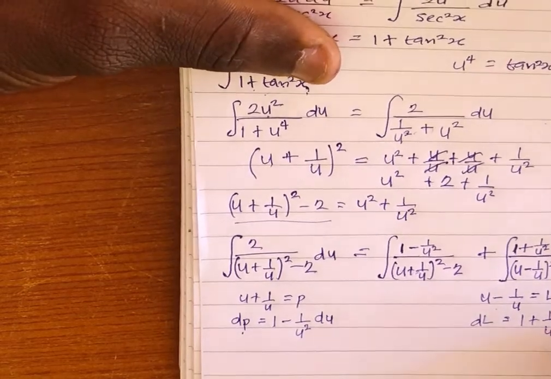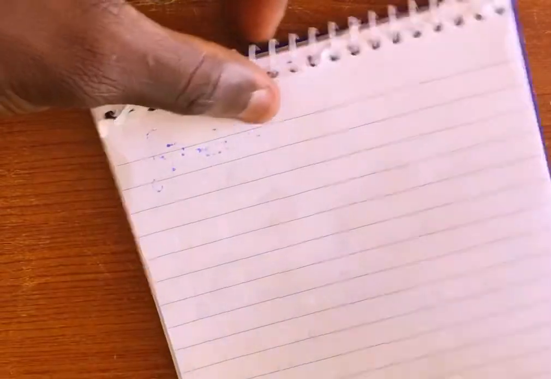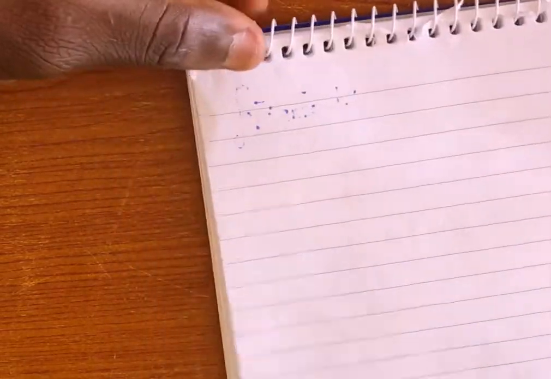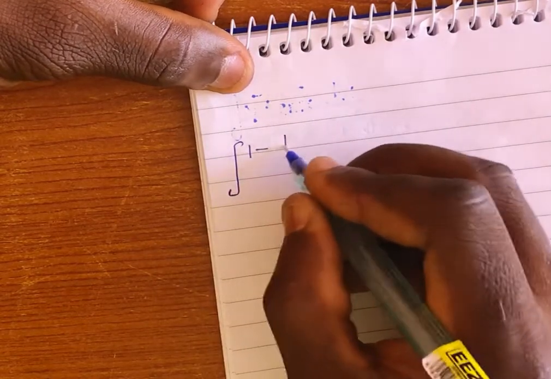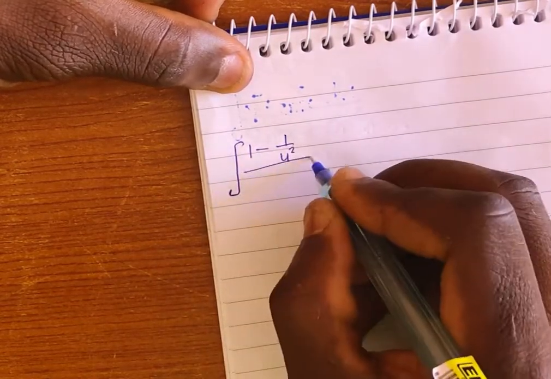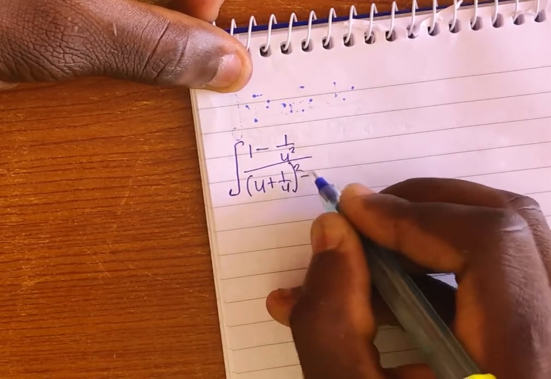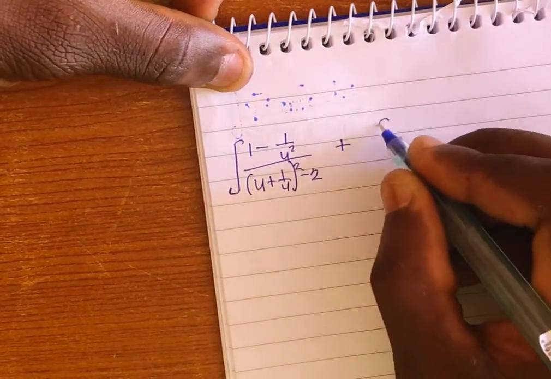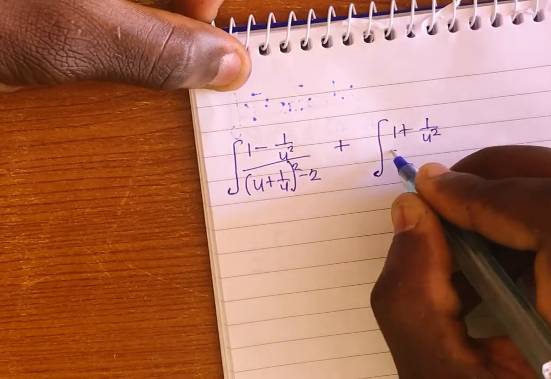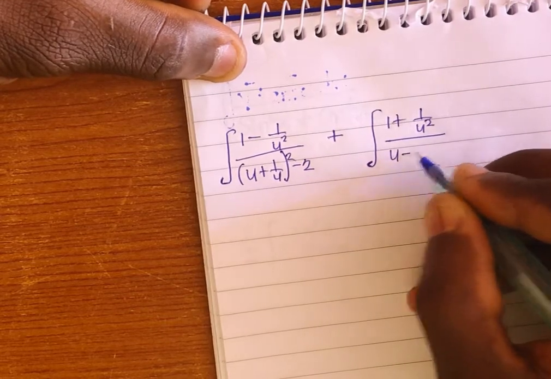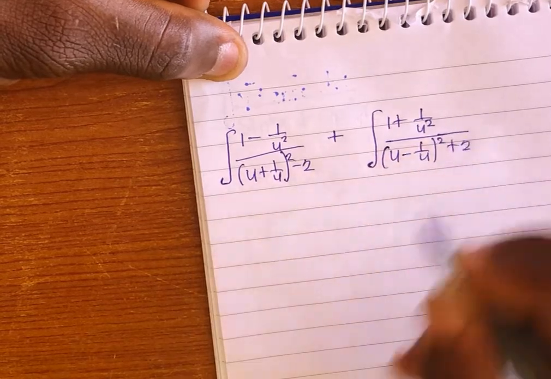Here, I can easily rewrite it like this: integral of 1 minus 1 over u square divided by my u plus 1 over u all square minus 2, plus integral of 1 plus 1 over u square divided by u minus 1 over u all square plus 2, right?